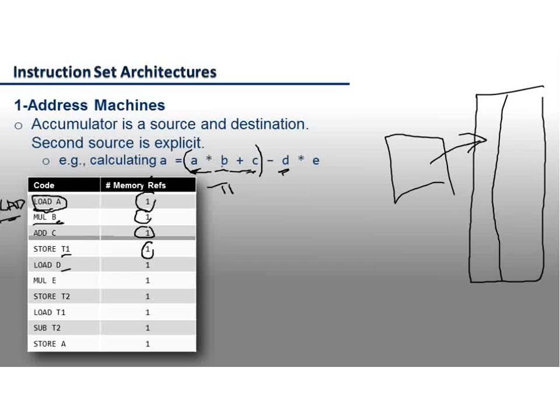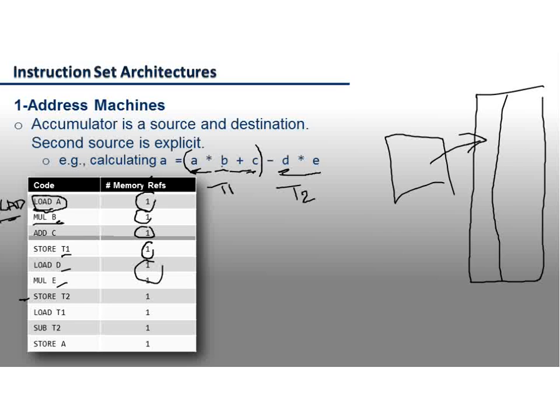Then after that, we load D, as we did before, and then we multiply by E, accessing memory once. Then we have a new value here. Let's call it T2, and we store it. So we have 2 values stored.